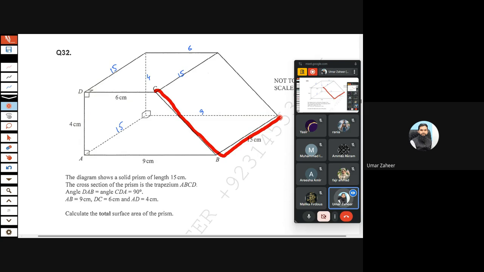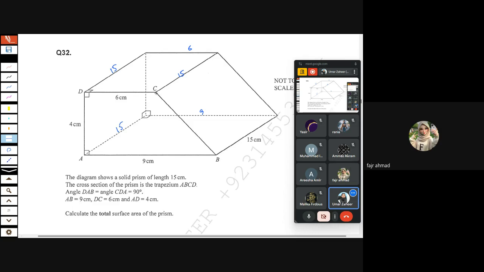Now if you look here, we have one side but we do not have this one, right? This means that we need to find this length. Anyone have an idea how to find it? Sir, area of trapezium minus area of rectangle. No, no, no. We need to find a simple length.